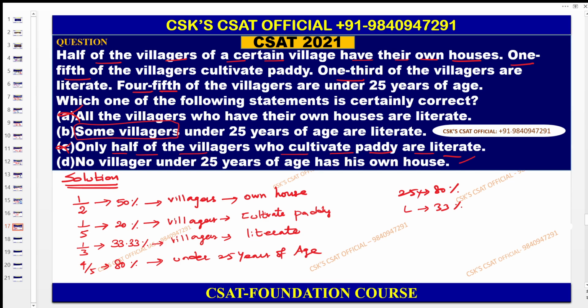So you can eliminate these also. The sure thing here is, out of the 80% under 25 years of age, there is a chance that 33.33% are literate. Okay, this is the correct answer. Anybody having any doubt, you can ask here. So B is the correct answer.